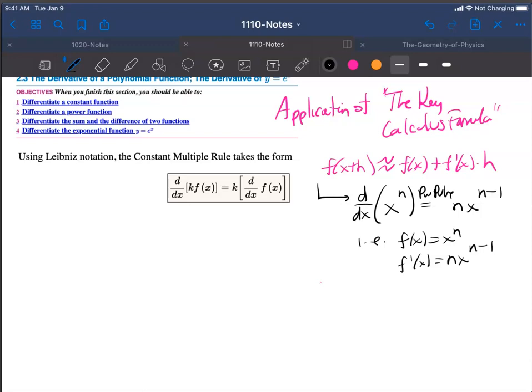Here is a question that is a natural follow-up. If you're given the function f of x is, say, 5x to the 6th power, what is f prime of x equal to?